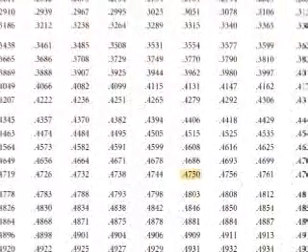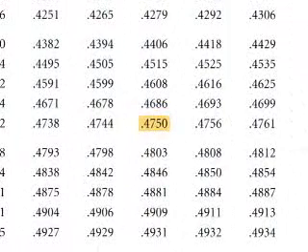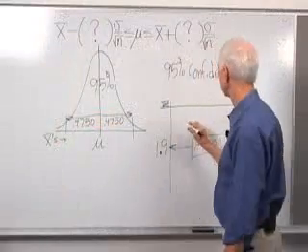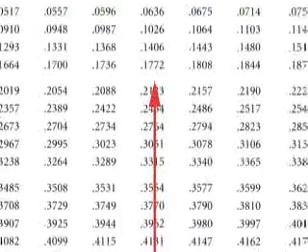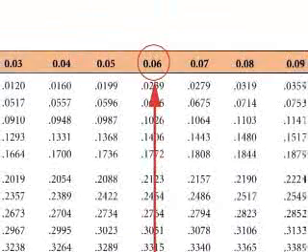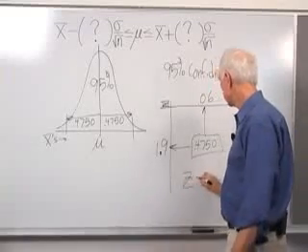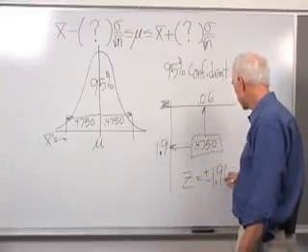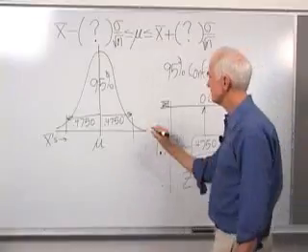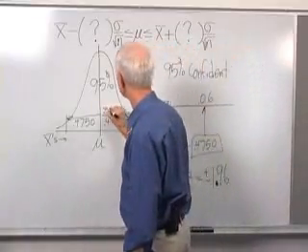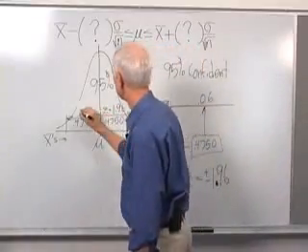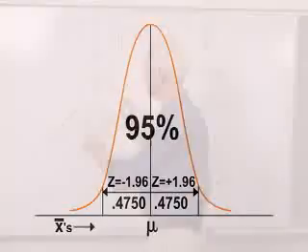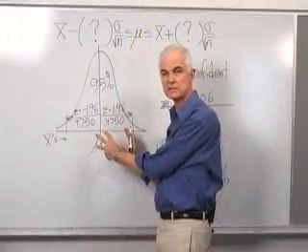So if we look up the .4750 here, go back over here, we get the whole number and the tenths place on the Z value, and at the top we have the hundredths place. As a result, we get a Z of plus or minus 1.96. That is, if we extend out a Z of plus 1.96 and a Z of minus 1.96 on a normal curve, we will capture 95% of the values.